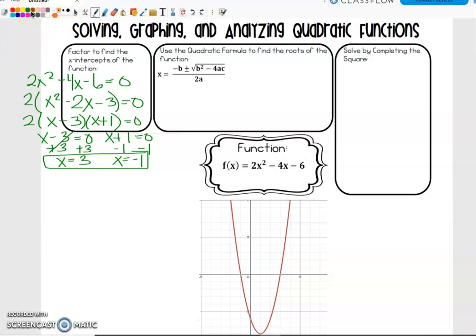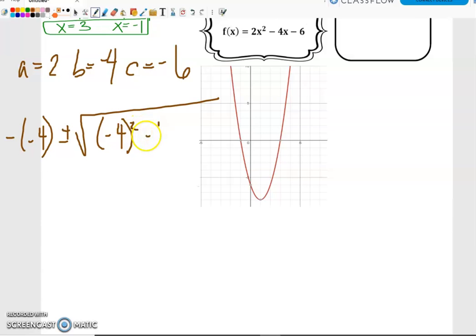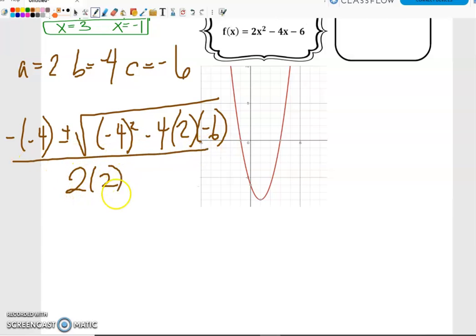We're going to look at our A, B, and C values. So our A is 2, B is negative 4, and C is negative 6. So when we plug that into our formula, those two negatives are going to make a positive there. We'll put this negative 4 in parentheses, minus 4 times 2 times negative 6, all over 2 times 2.